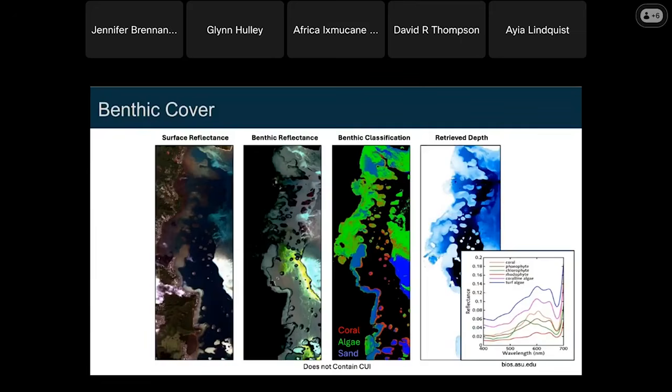And then, of course, your mileage will vary with space-based instruments depending on signal to noise. And this allows us to fit models to the bottom reflectance and estimate, for example, the presence of coral, algae, and sand. This was done during NASA's coral campaign in the 2016-2017 timeframe, looking at Kaneohe Bay in Hawaii to try and understand the condition of these reefs.